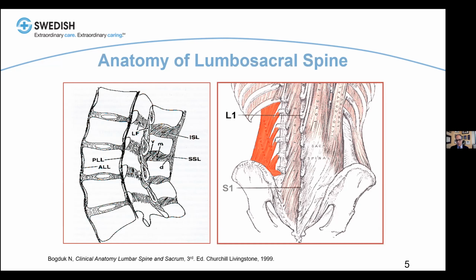And the quadratus lumborum can also have trigger points where you can get radiating pain. So we have not just the lumbar paraspinals, but quadratus lumborum. We'll talk a lot about psoas and some of the other muscles and these patterns we see with inhibited muscles that are also going to be causing pain or can be foundations for myofascial trigger points.